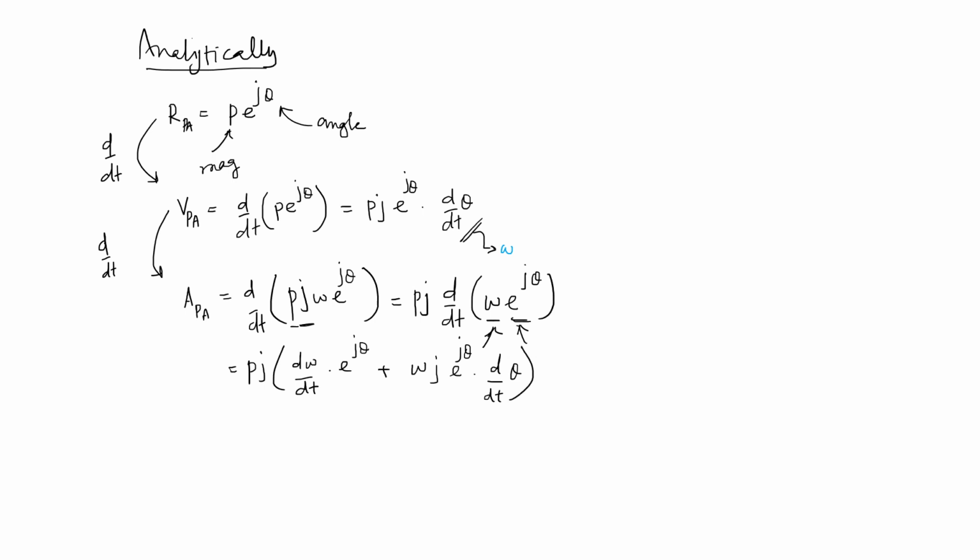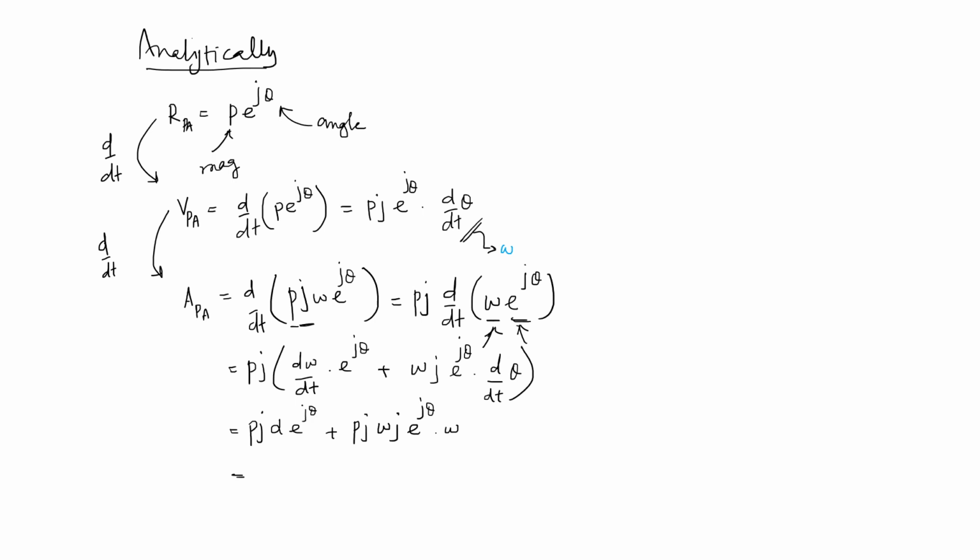So as a result of that, you're going to have Pj, d omega by dt, defined as alpha, e raised to power j theta over here. Then you have this expression Pj multiplied with this, so this can be plus Pj omega j e raised to power j theta, and then you have omega itself over here. So over here you can see that j is being multiplied with j, which is going to be -1, which is going to change this sign.